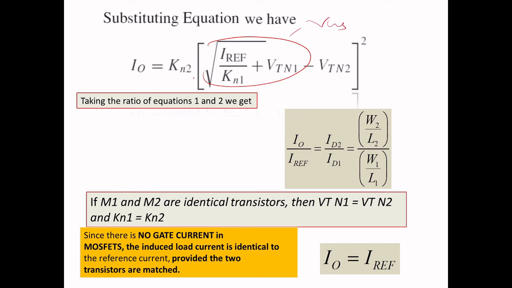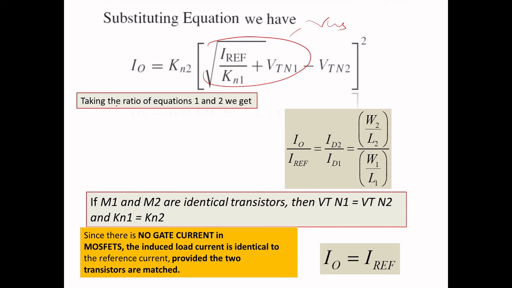So I0 equal to Kn2 times square root of IREF divided by Kn1 plus VTN1 minus VTN2, whole square. Now I said clearly all are matched parameters, so Kn1 and Kn2 are the same, and VTN1 and VTN2 are the same. That means everything will be cancelled from this equation.